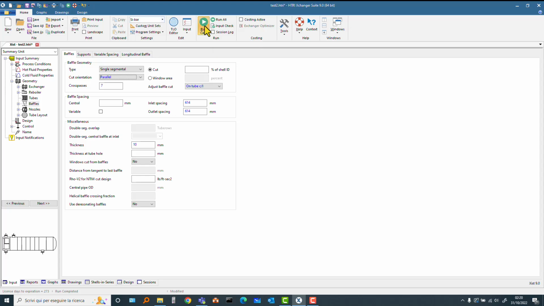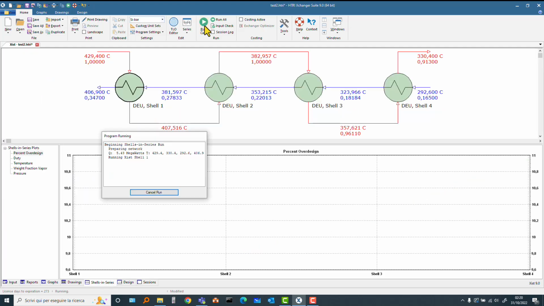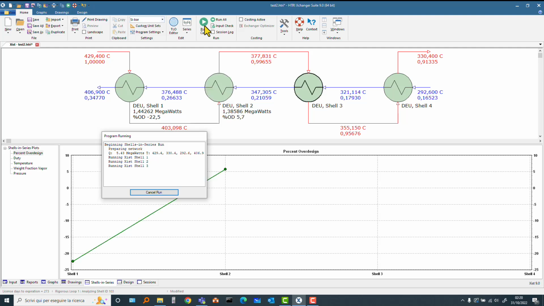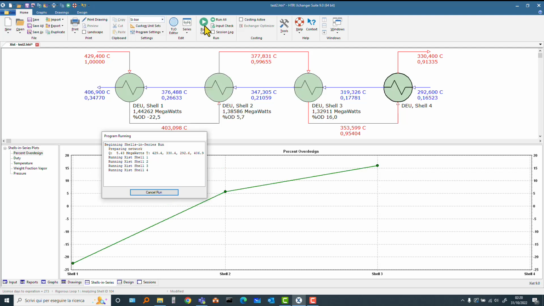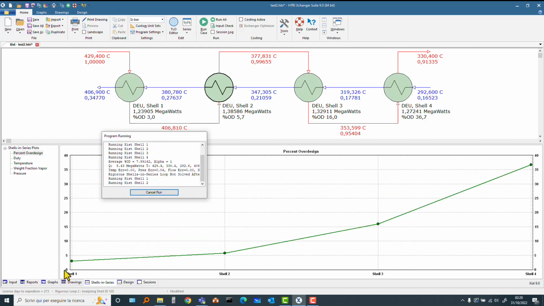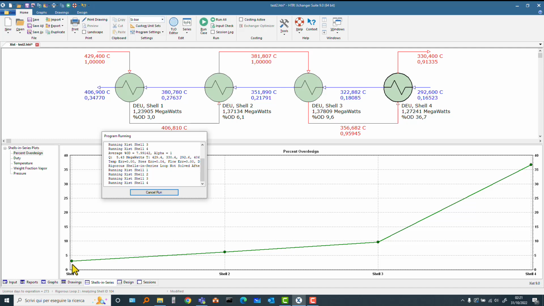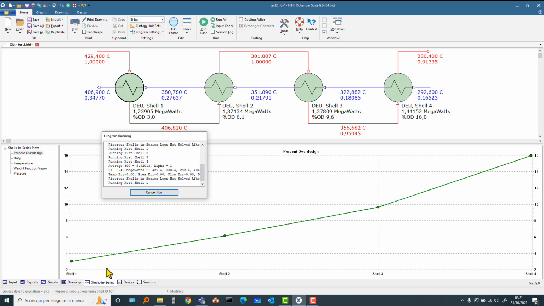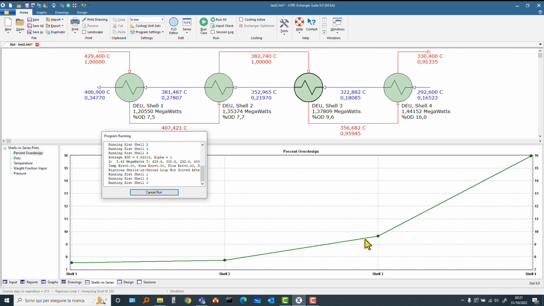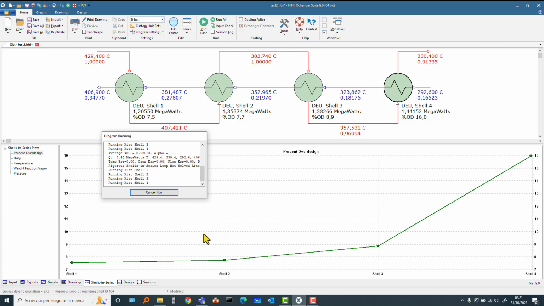And we run the exchanger again to see what really happens in this case. Of course, we must always be patient. Oh, I see very low. Oh no, now they are higher. So this is the over surface of each exchanger, of each one of the shells.